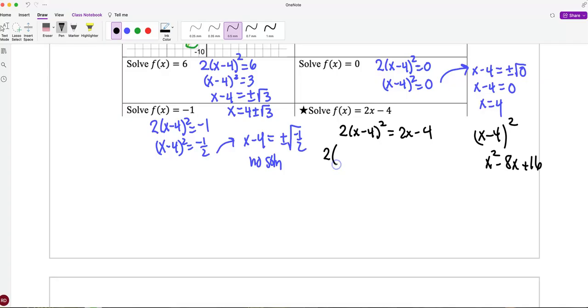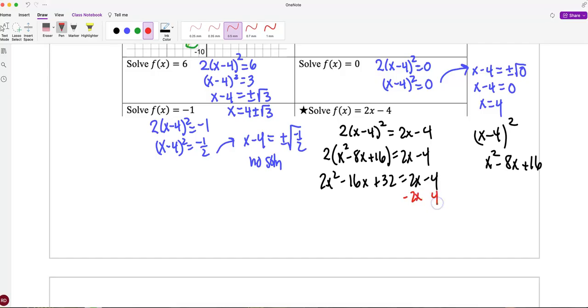So 2 times (x squared minus 8x plus 16) equals 2x minus 4, which is 2x squared minus 16x plus 32 equals 2x minus 4. If I subtract 2x and add 4 on both sides, this gives me 2x squared minus 18x plus 36 equals 0.